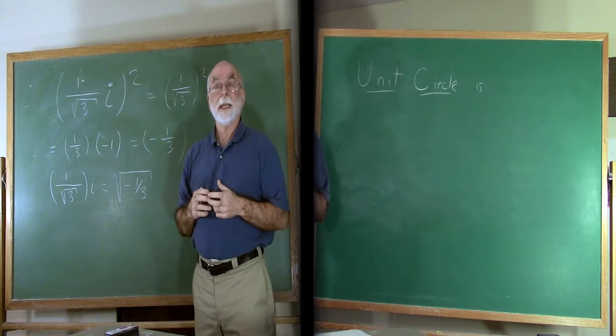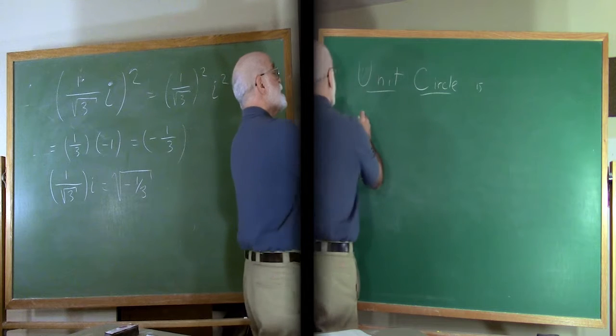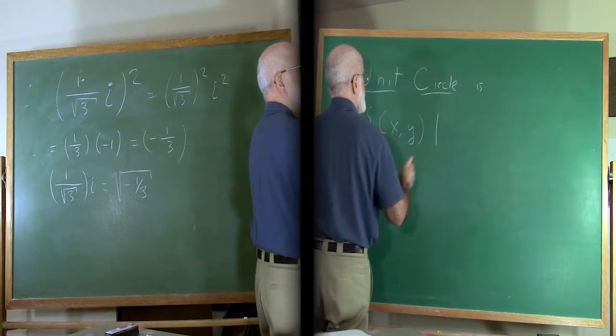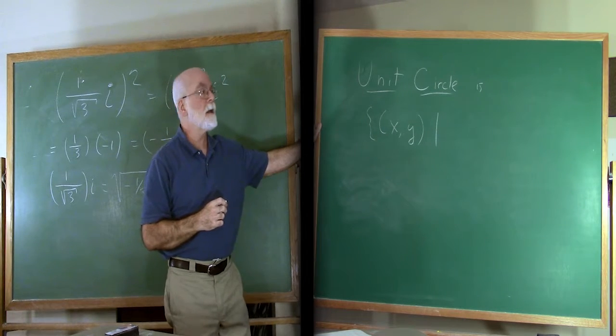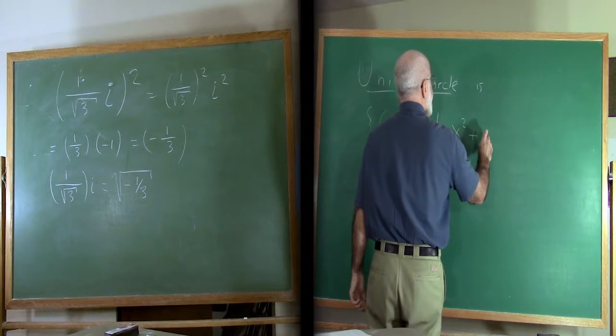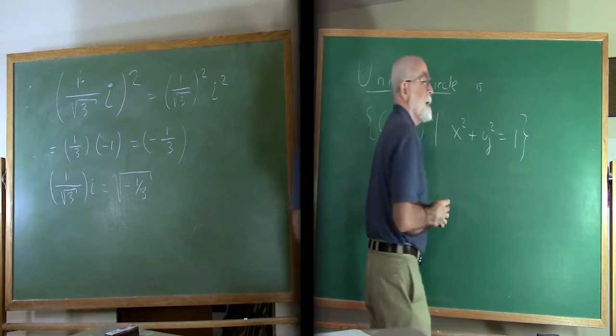The unit circle is a subset of the Cartesian plane. We're talking about ordered pairs, x comma y, such that when you add their squares together, you get 1.